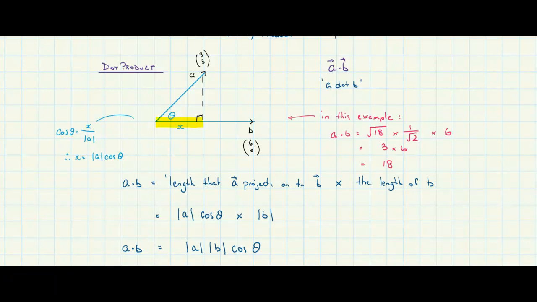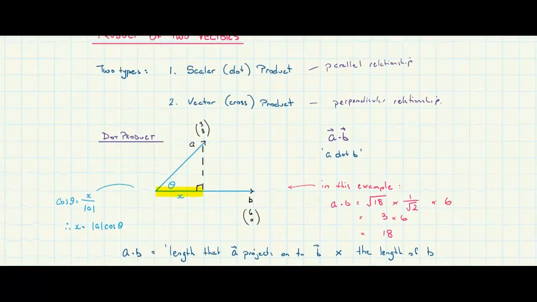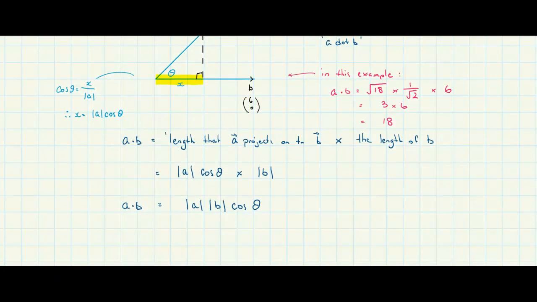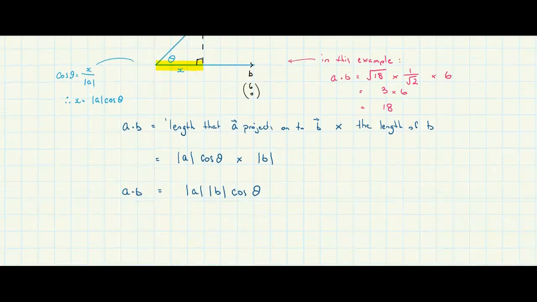Okay, so this 18 is the scalar product of my vectors A and B, and it represents the distance that the combined vectors move in the direction of B. It's their combined, what I referred to before as parallelness. So if we used our formula down here, A dot B, we're going to get the same thing.